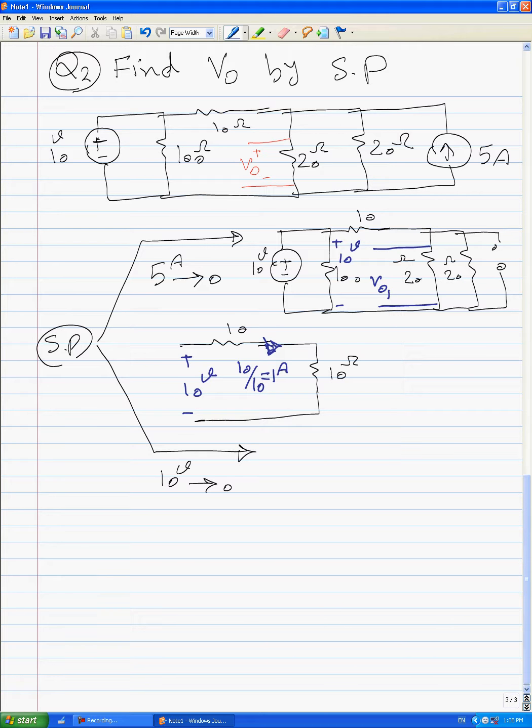And 1 amp is divided between the 20 and 20. That's why the current in this 20 is equal to 0.5 amps. And immediately you can find out Vout1.